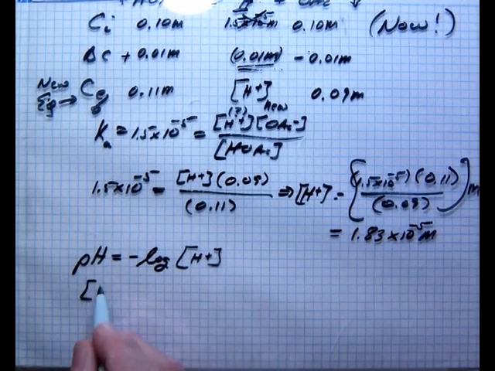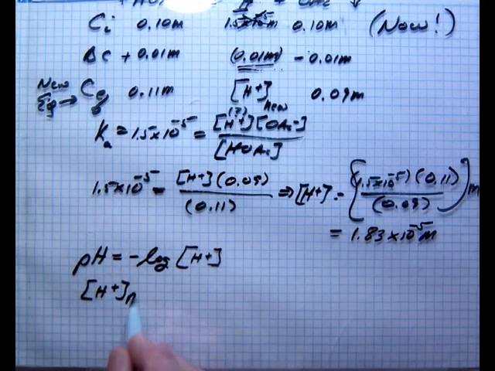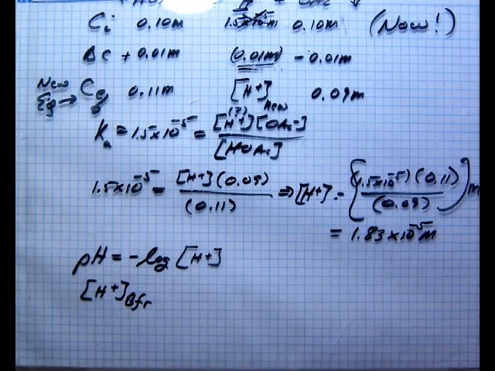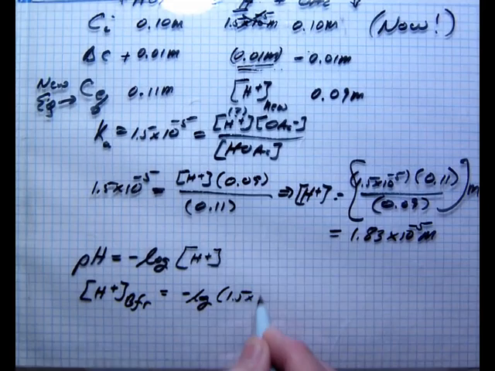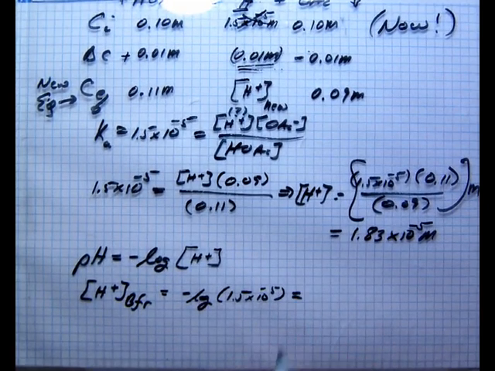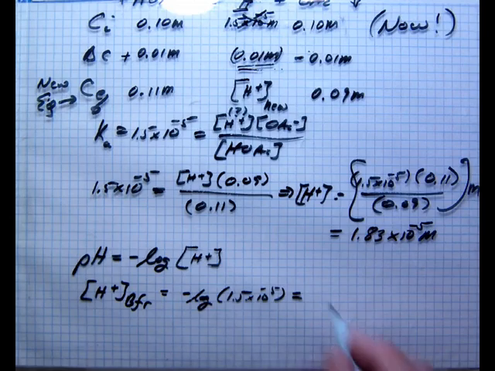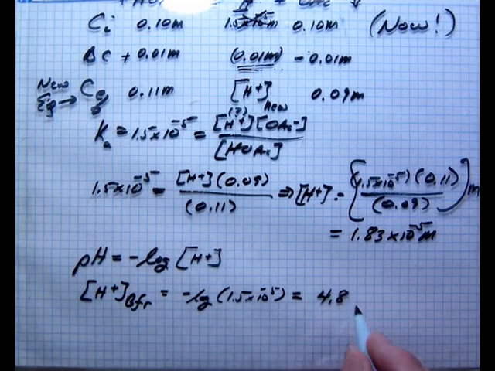The hydronium ion concentration before the extra acid was thrown in is the minus log of 1.5 times 10 to the minus 5, which is 4.82.